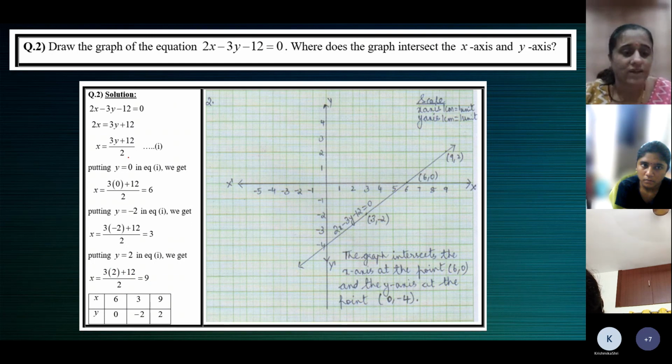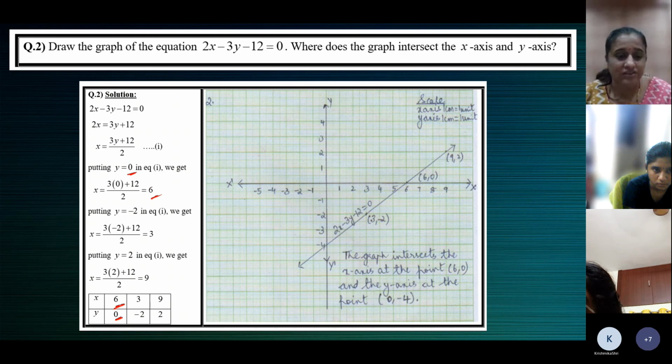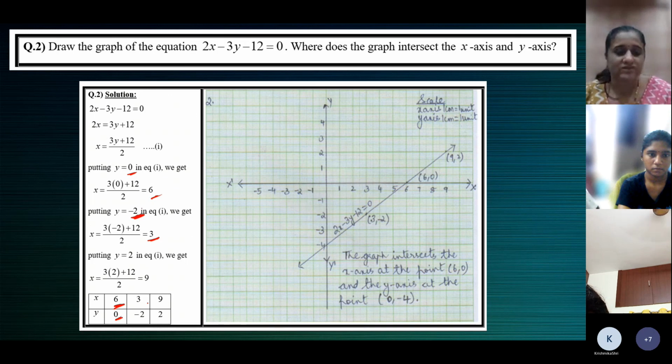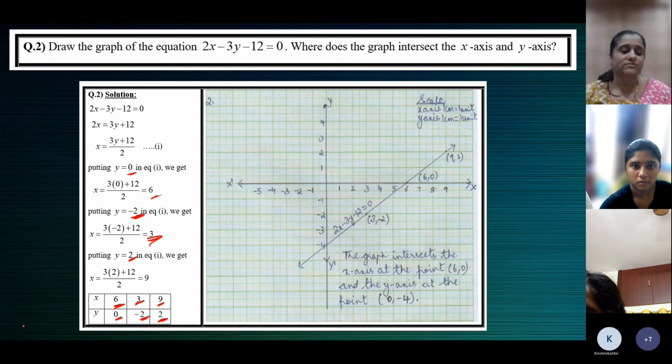So when y is 0, x is 6. Write it carefully. Then when x is 3, y is minus 2. Write the x and y values in the correct places. Then y is 2, x is 9. Correct?